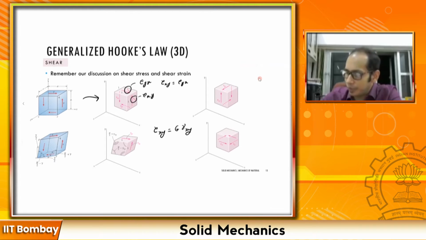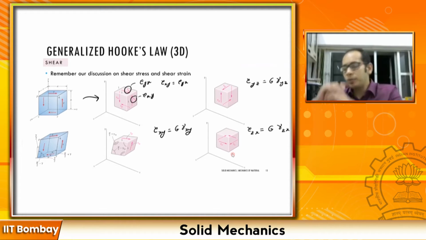So in this one, I simply write my tau yz equals G gamma yz, right? Similarly, for the last one, which is tau zx, I am going to have my tau zx equals G times gamma zx, or xz. It's one and the same thing over here, right?